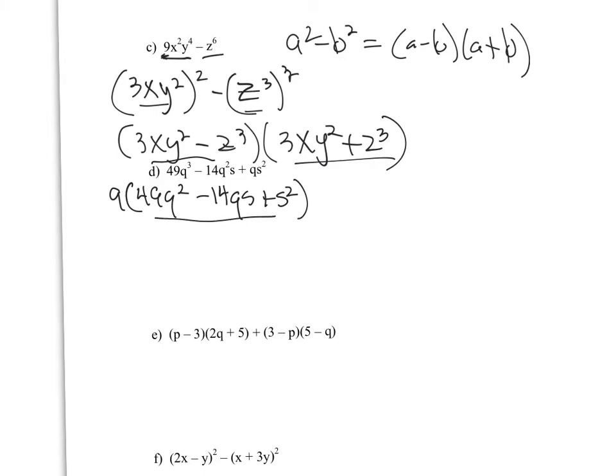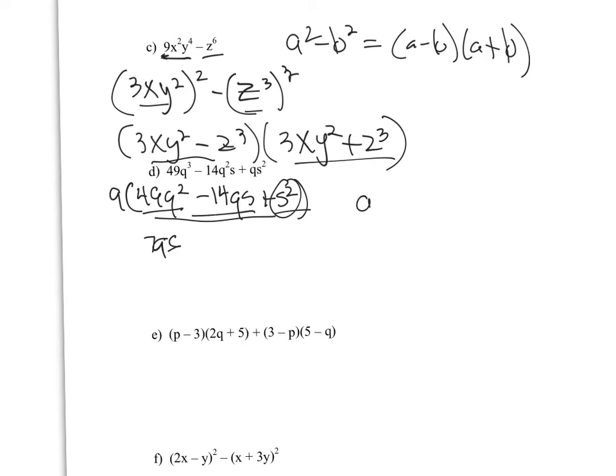Well, we look at this, no more common factors, but we do have a perfect square trinomial, because 49q squared is a perfect square, as is s squared. And when we take the square root of that, 7q, and we multiply it by the square root of this, s, and we double it, we get our, in this case, negative 14qs.